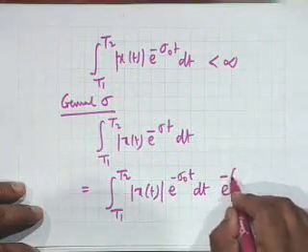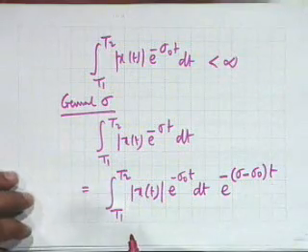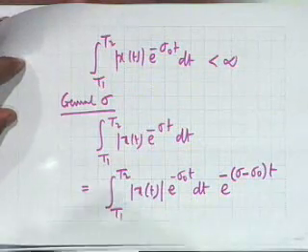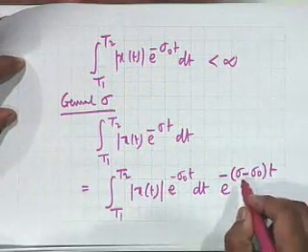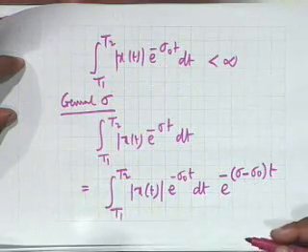What do we get? E to the minus sigma minus sigma 0 t. Is that okay? All right. Now obviously you have to consider two cases: one is sigma greater than sigma 0 and the other is sigma less than sigma 0.